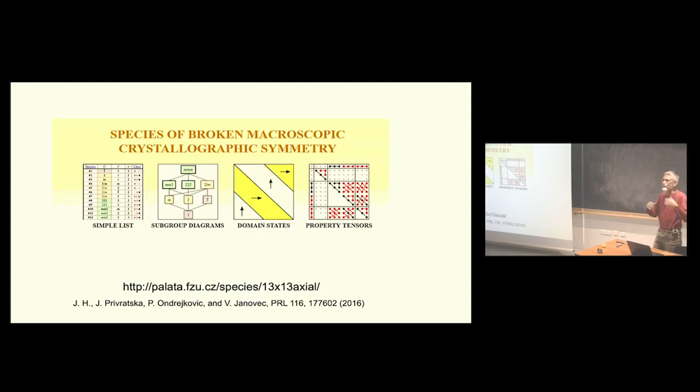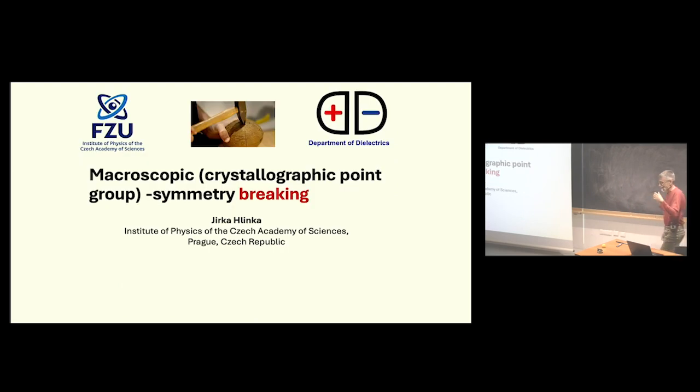And let's say the main goal of my talk would be to invite you to use a tool which allows you to explore symmetry breaking of point groups. And I'd like to convince you that it's easy on the one hand and useful on the other hand.